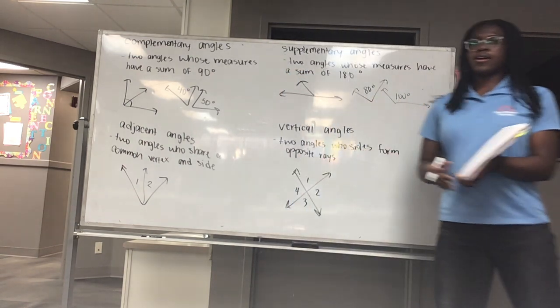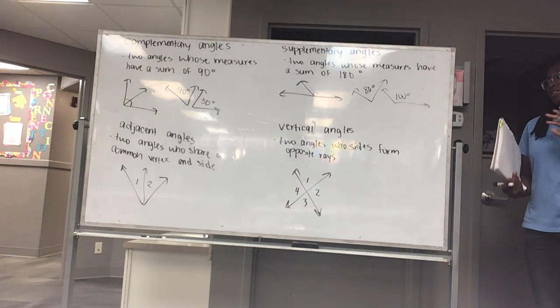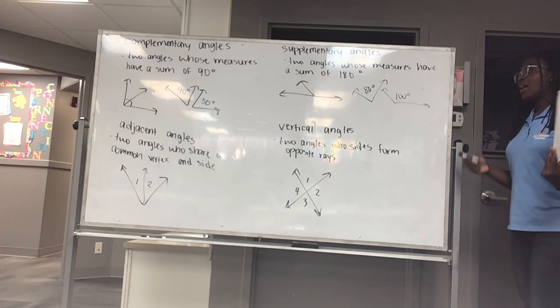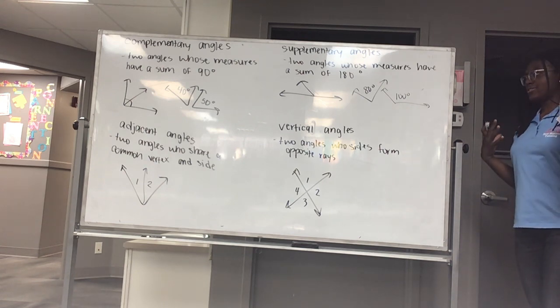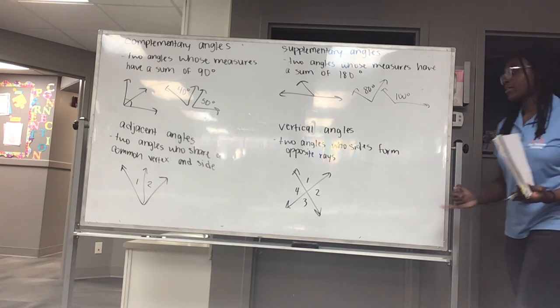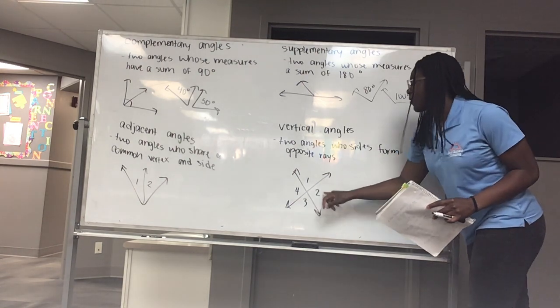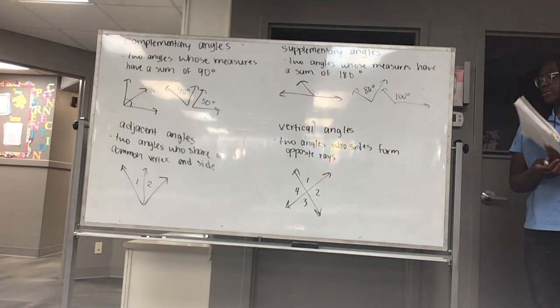And then the last one are vertical angles. The definition's kind of weird, but two angles whose sides form opposite rays. Another thing is that the angles are actually just opposite of each other. So 1 and 3 are going to be a vertical angle pair, and then 4 and 2 are going to be vertical angles too.